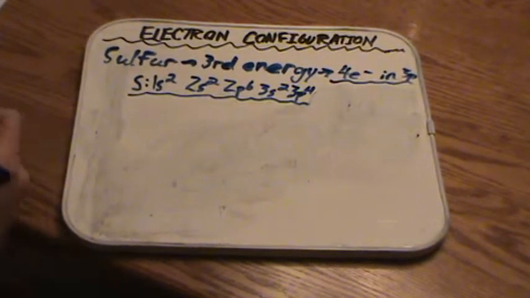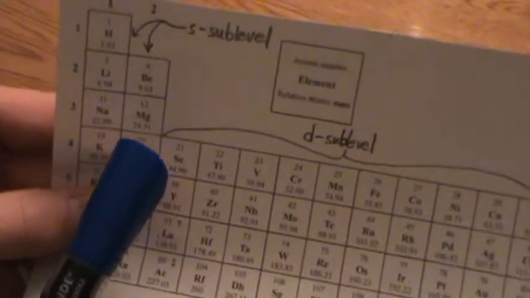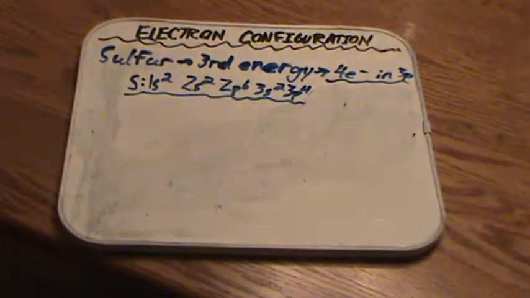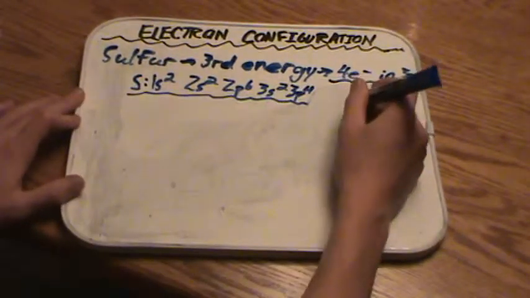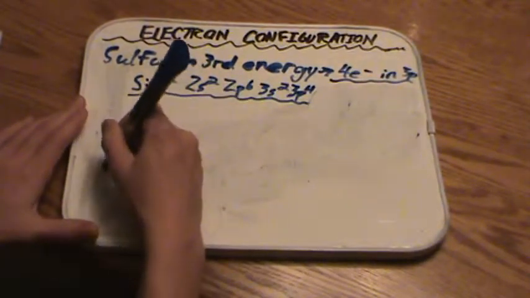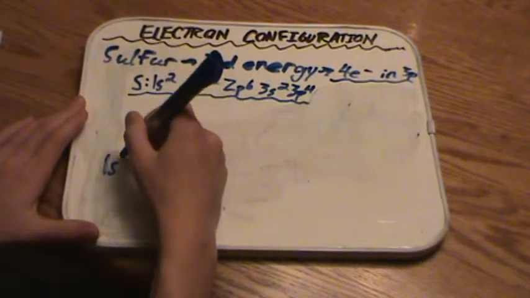So if we look back at our periodic table, we can see that we have S and then we have our P. But then when we go down to 4S, the 4S sublevel, now we go into the D sublevels. But the difference is that the D sublevel starts at 3D. Okay, so let's make this simple rule, and you'll always remember it till the end of time as you first saw it here.